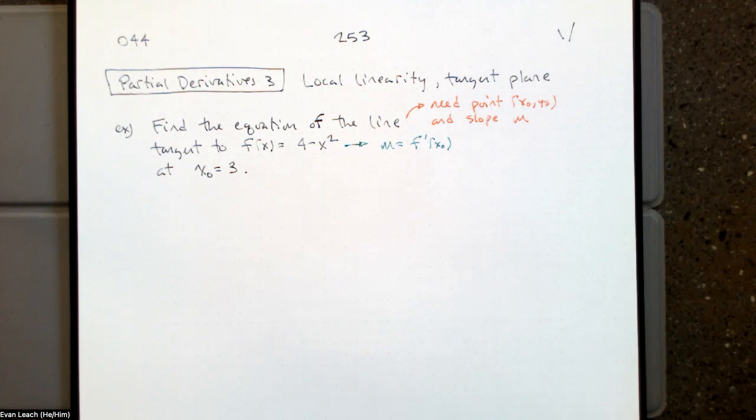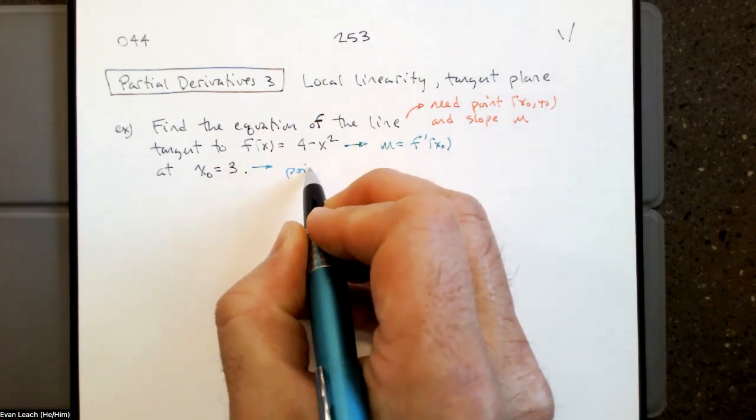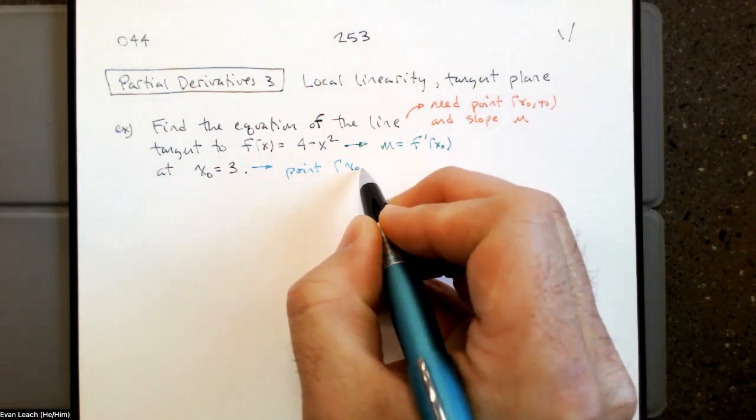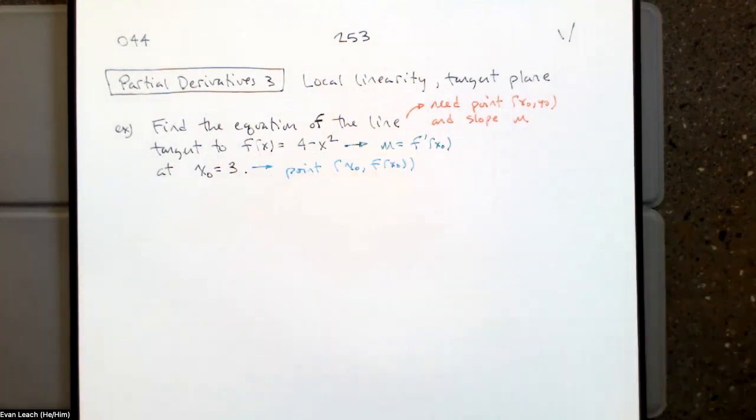And finding the equation of the line tangent to this curve at this point, that's our location. So this is the point x naught and f at x naught, which is how we're going to get our y naught.